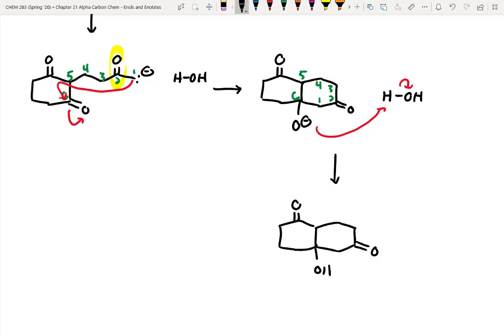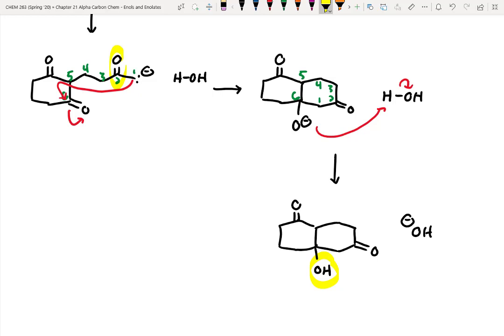By doing this, we're now at our aldol addition product. Like I said, aldol addition products can be favored under moderate to low temperature. However, if there's high temperature, we will actually kick off this hydroxide and make an alpha beta unsaturated ketone.